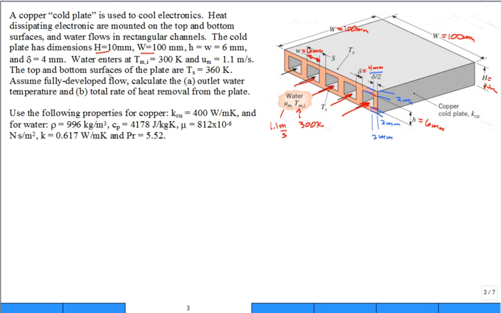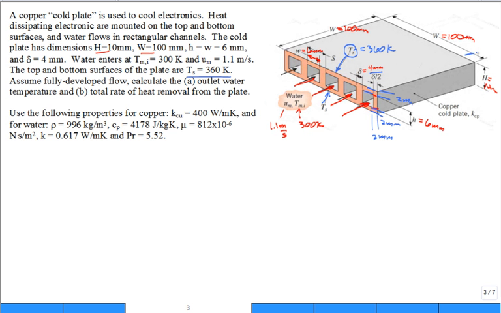The top and the bottom plates, because of the electronics that are mounted on them, are approximated to have a constant surface temperature of 360. So the temperature of the top plate as well as the bottom is 360 Kelvin. Assume fully developed flow for the water in the square channels and calculate the outlet water temperature.